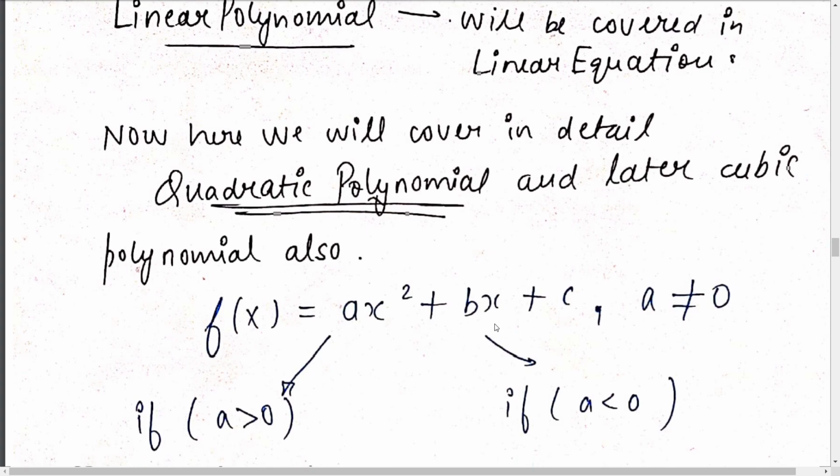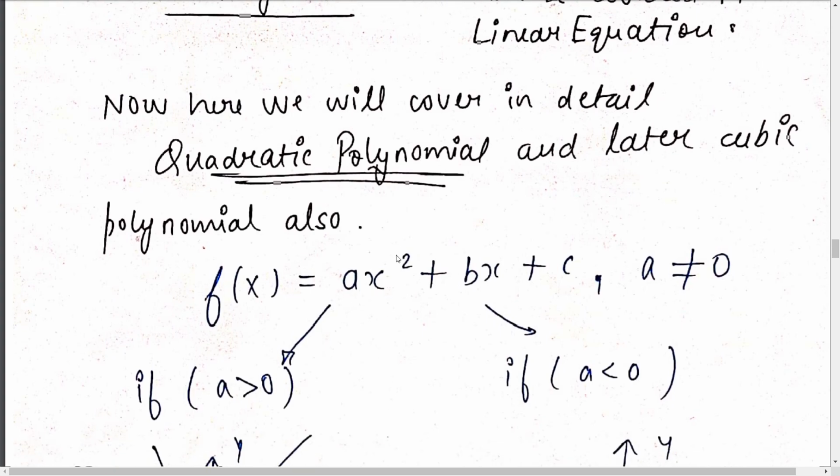So this is the general representation of a quadratic polynomial. It is called ax square plus bx plus c. Note a is not equal to 0, because if a is 0, then this term will be 0. Then the polynomial will become bx plus c, so its degree will become 1. But that should not be the case, because it is a quadratic polynomial.